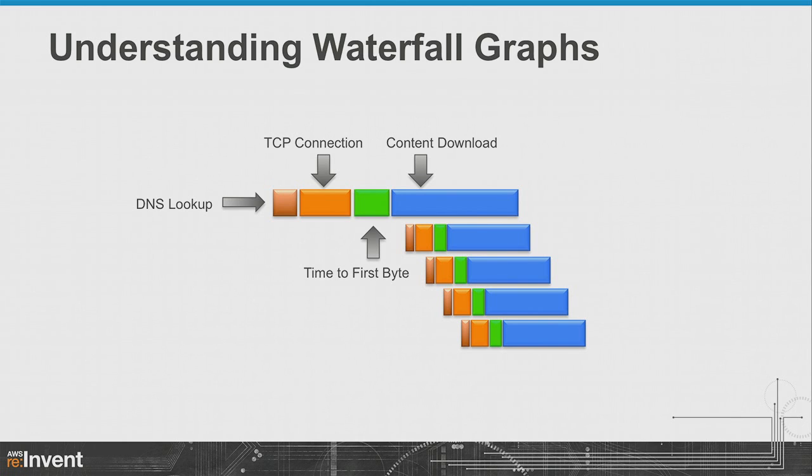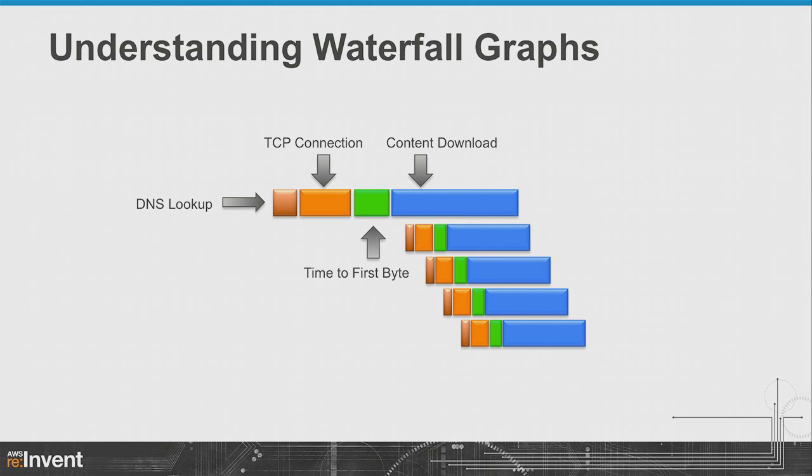Each bar consists of multiple components: DNS lookup time and TCP connection time. The TCP connection time is the handshake that happens between the end user and the web server. Then the time to first byte, which is an interesting component. It tells you how busy your server is. This is the time between when you send a request and when the web server sends the first packet back.